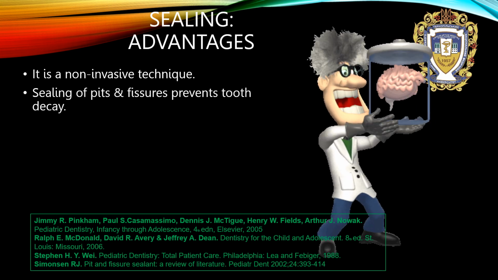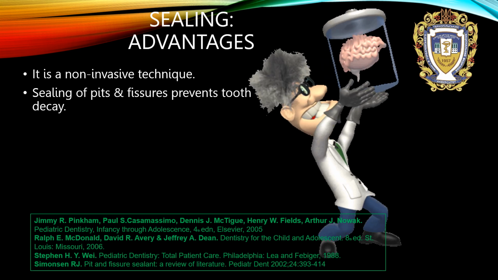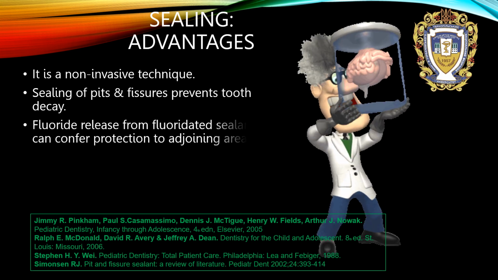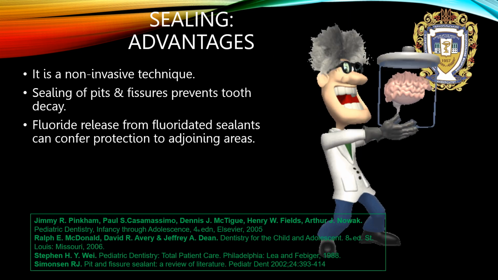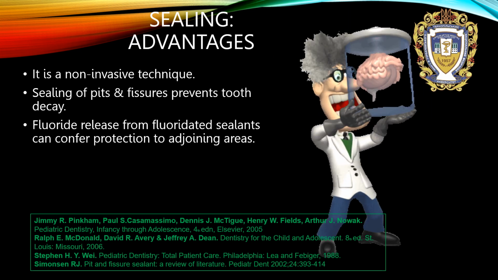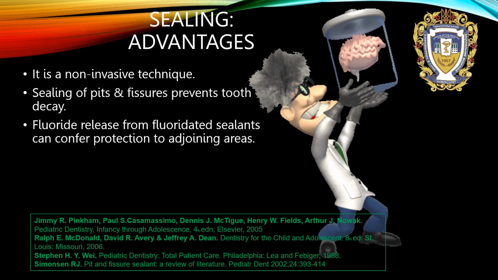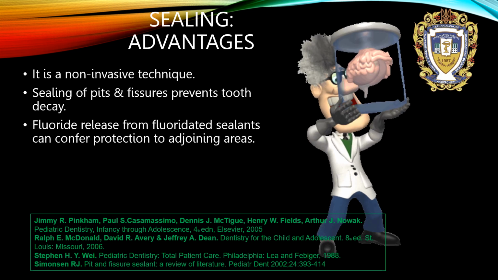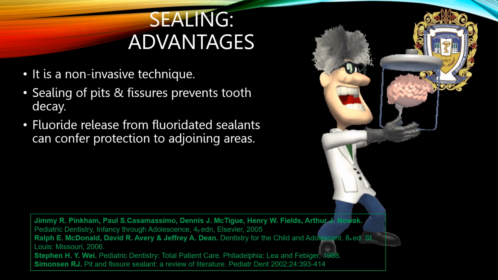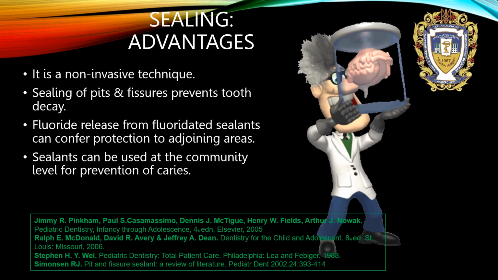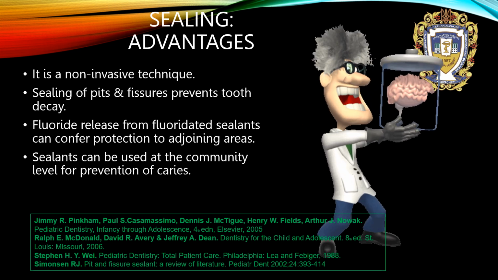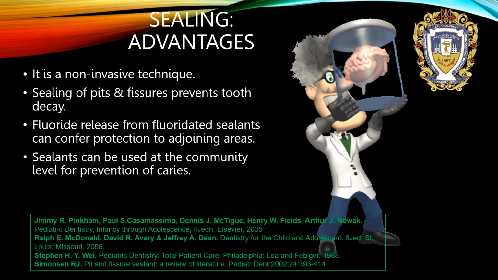Sealing of pits and fissures prevents tooth decay, of course. Fluoride release from fluoridated sealants can confer protection to adjoining areas. Sealants can be used at the community level for prevention of caries.